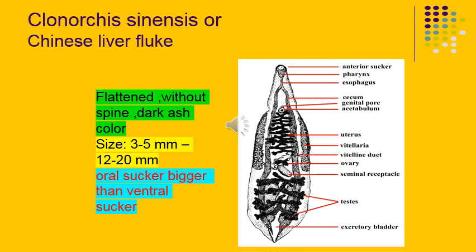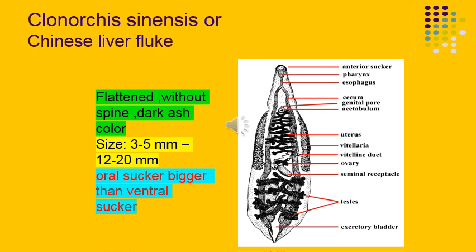The next worm is Clonorchis sinensis, or Chinese liver fluke. This worm is flattened without a spine. The color is dark ash and the size is about 3 to 5 millimeters wide and 12 to 20 millimeters in length. The oral sucker is bigger than the ventral sucker, and you can see the picture of this worm on the right side of this slide.